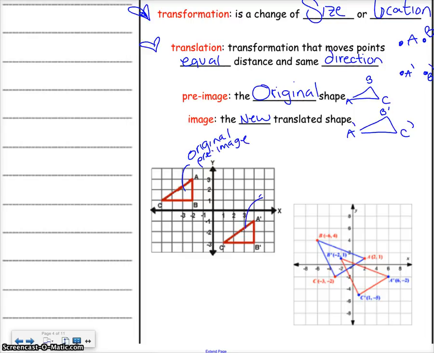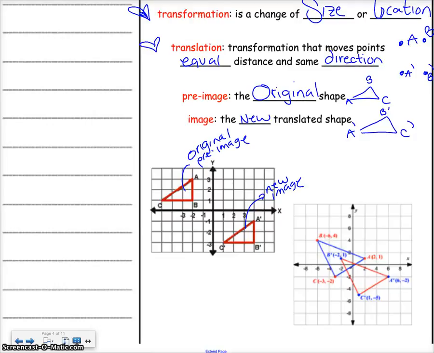And this is my new shape, or the image. So you always want to go, what some people did last hour, when you had to work backwards and talk about translations, they started from the new one and worked their way back to the original. Now you need to start at the original.